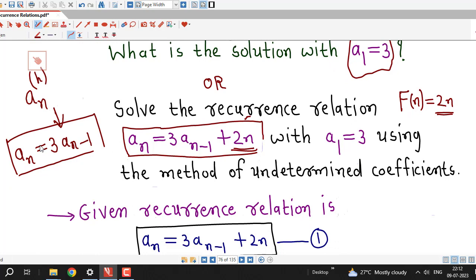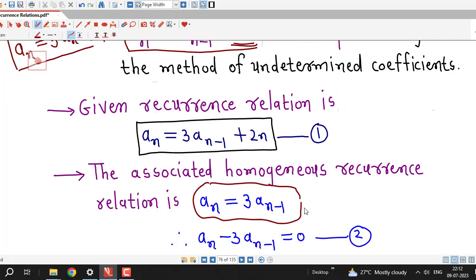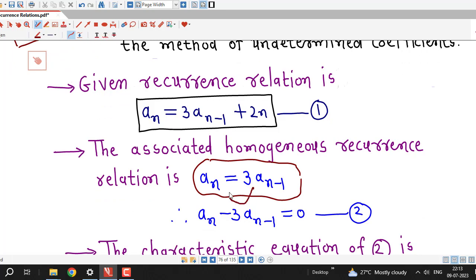So first I have obtained the solution of associated homogeneous recurrence relation an equal to 3 times an minus 1. First I have rewritten in this form. I transfer this on left hand side and I have an minus 3 an minus 1 equal to 0. Now to solve this homogeneous recurrence relation, we have to consider the solution in this form an equal to r raised to n, and we replace an by r raised to n here.